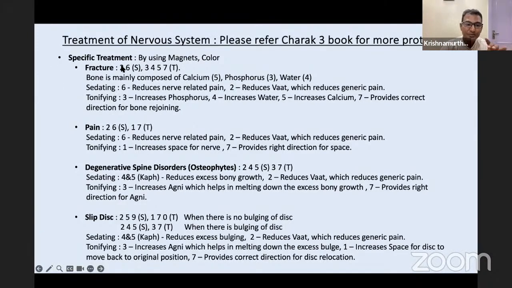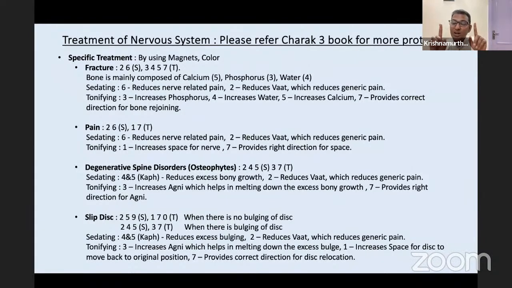So if there is a fracture, is there a pain? Will the person experience pain? Yes, sir. So you will have to reduce 2 and 6. Sedating 6 reduces nerve related pain, and sedating 2 is for generic pain.